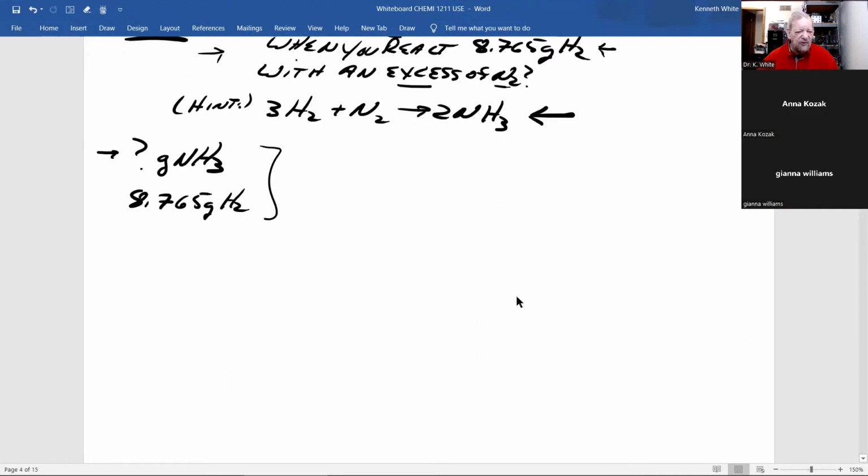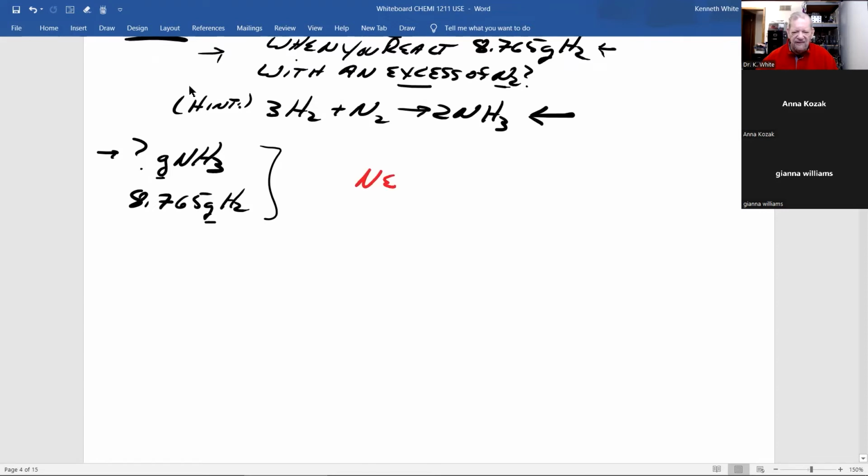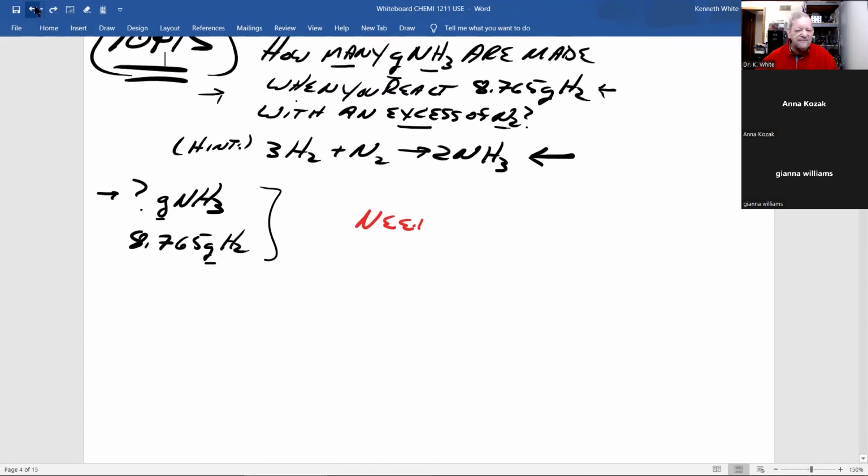Now notice we're going from grams of one compound to grams of another compound, and there's no way to directly convert that way. So you need three steps.